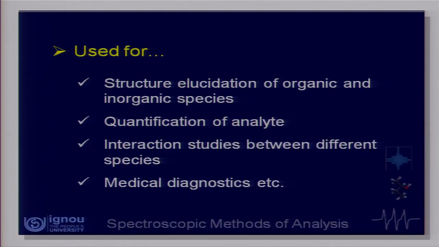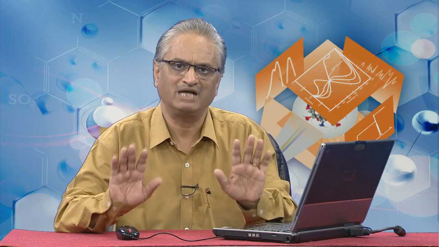Yet another very crucial domain nowadays is medical diagnostics. Diagnostics exploit spectroscopy in a very wide variety of ways. Okay. So, that is briefly about spectroscopy. Essentially, just to state it again, it refers to the interaction of radiation and matter.